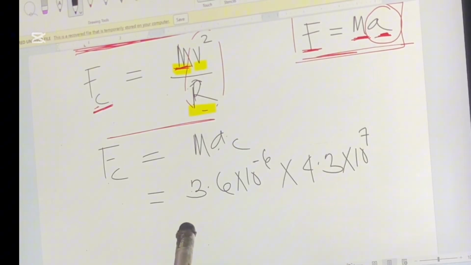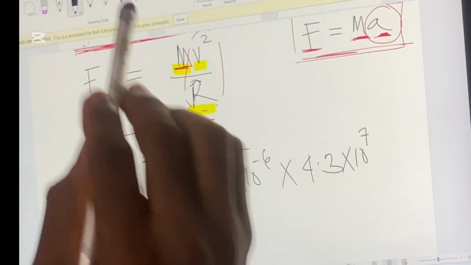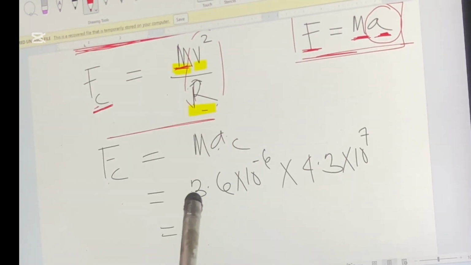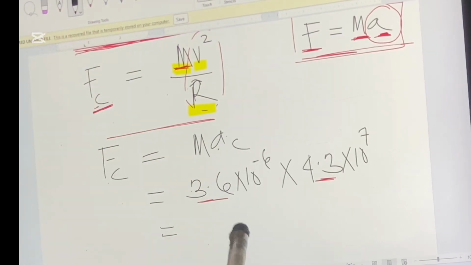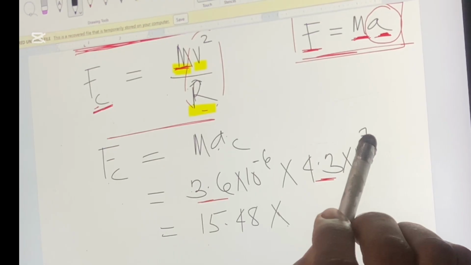So when you point your calculator, class, how do we solve this? Number with number, you multiply this number with this number, so I will have this to be 15.48 times 10 raised to the power minus 6 and 10 raised to the power 7.